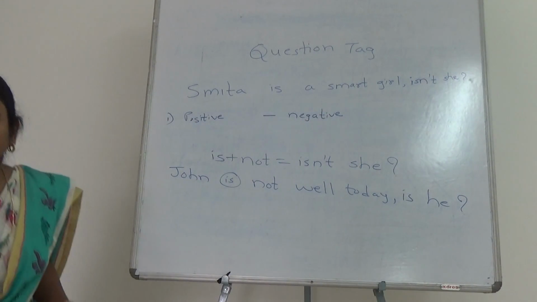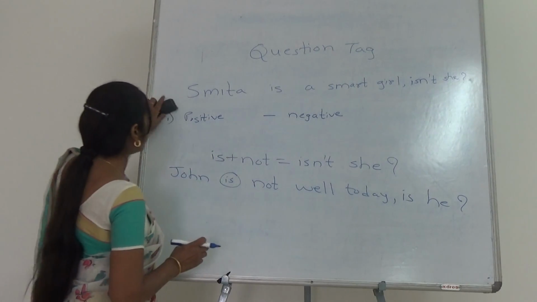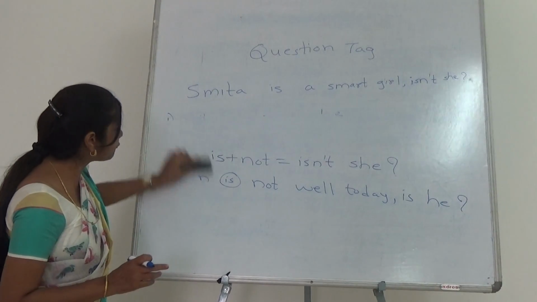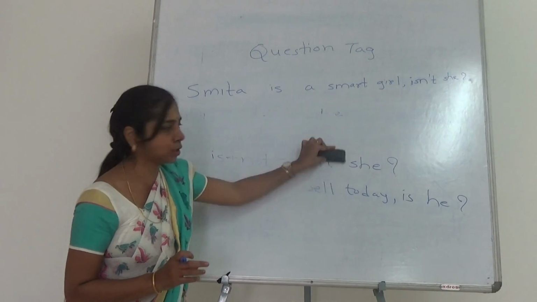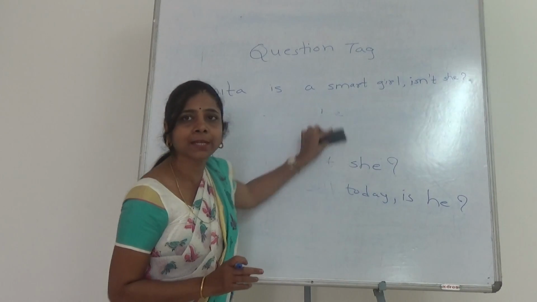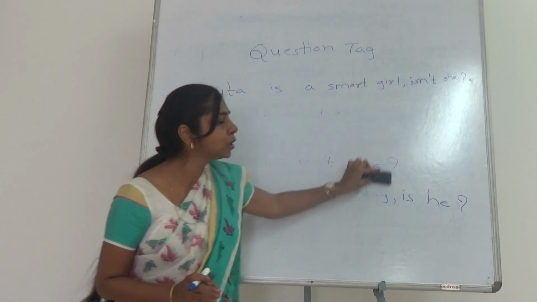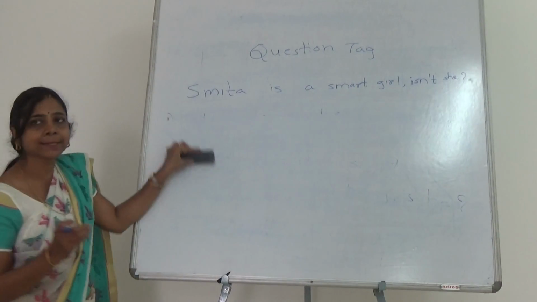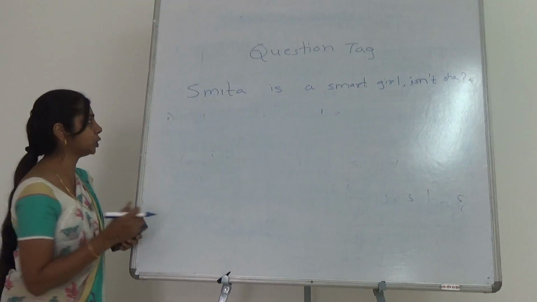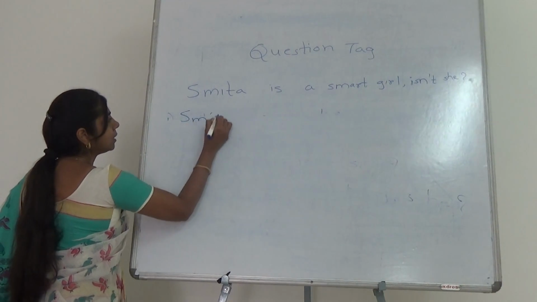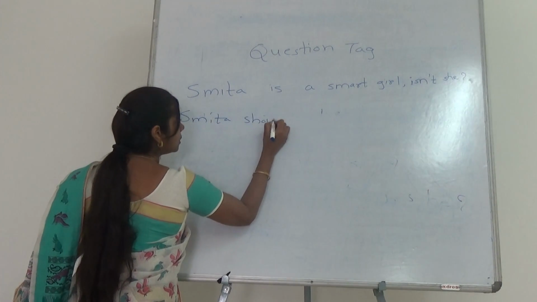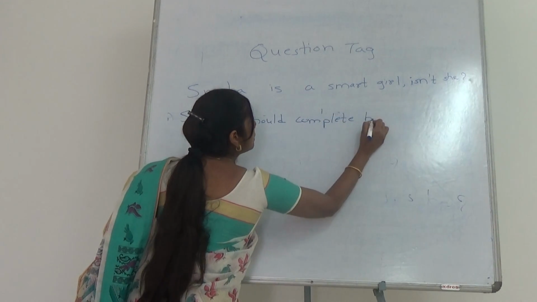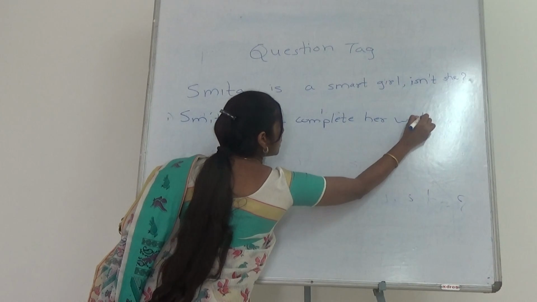Now let us move towards another example where we have different auxiliary verbs. For example, if the auxiliary verb is a modal auxiliary verb, you understand modal auxiliary verbs? They are can, could, should, must, ought to, and so on. So let us take an example of the auxiliary verb should. Smita should complete her work.